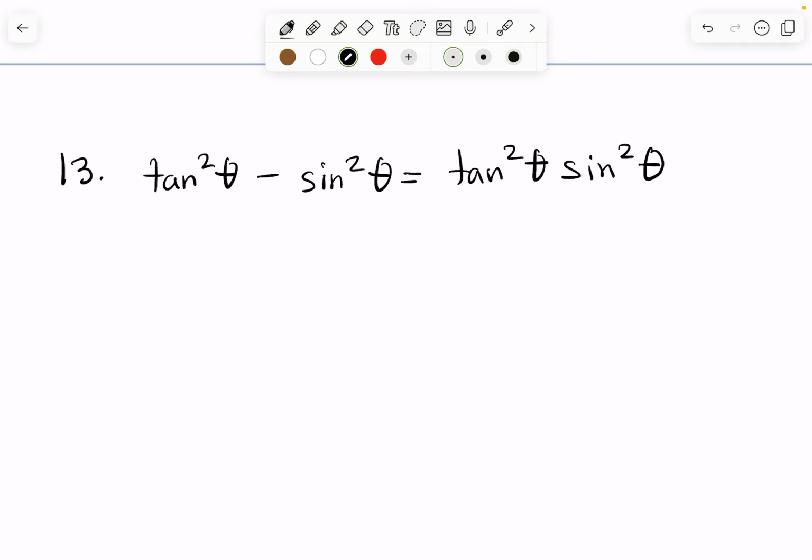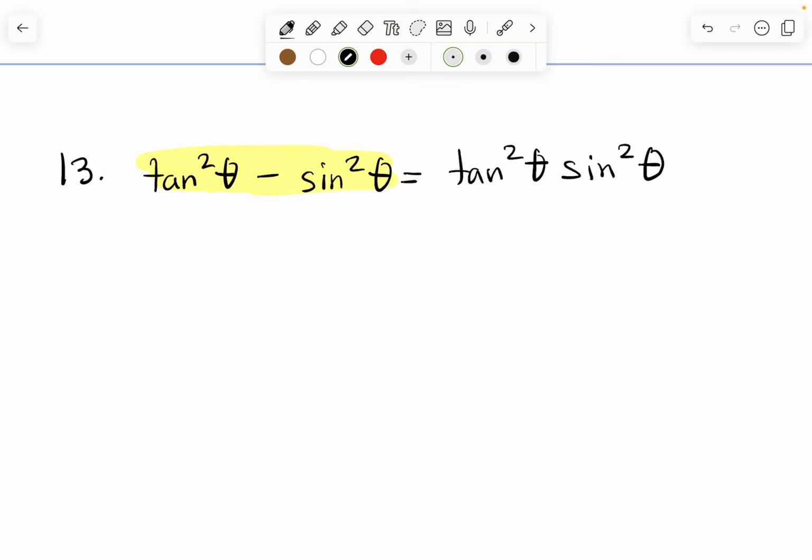What I would say, I think because these two are subtracting, it makes me feel like I want to start on this side because most likely I'm going to have to subtract them, make fractions, make the same denominator, and it'll eventually be something where it'll end up multiplying. But normally when you're subtracting these two, it's normally nice to think about making fractions.